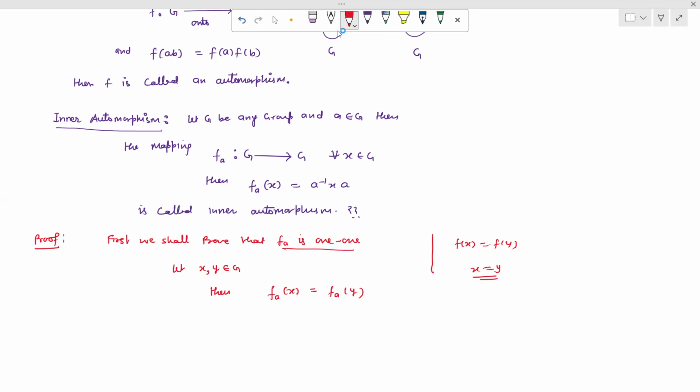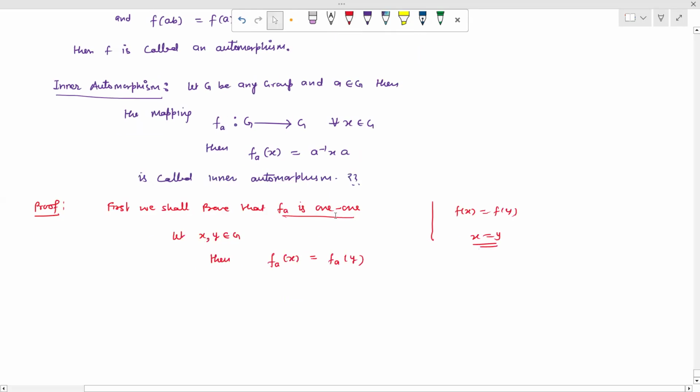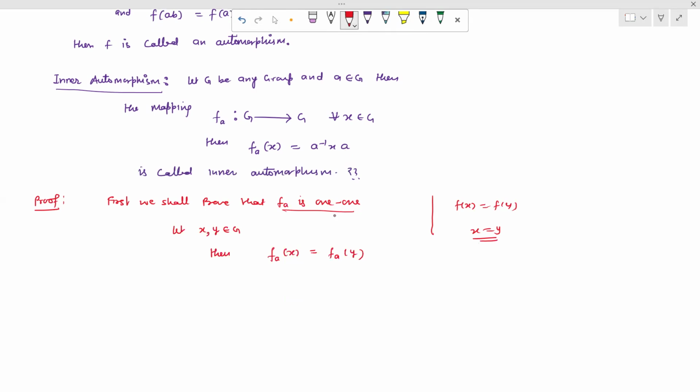Similar thing we will do here. So we take f_a(x) equal to f_a(y). By the definition, f_a(x) is a inverse x a, equal to a inverse y a.